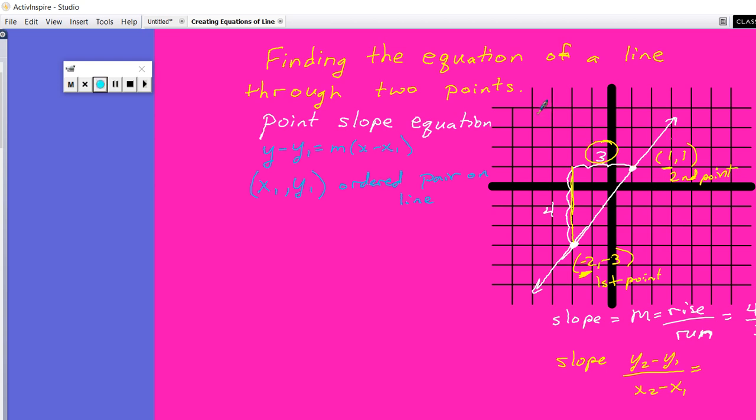So this is my second x, because it's my second point. This is my second y. This is my first x. This is my first y.